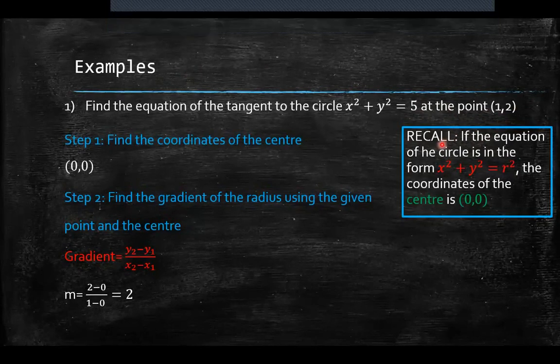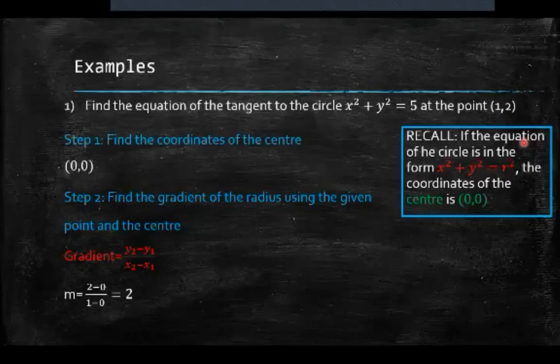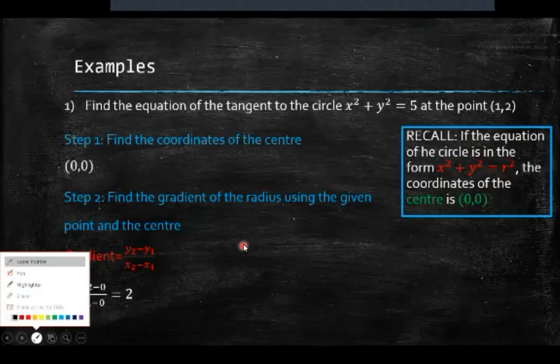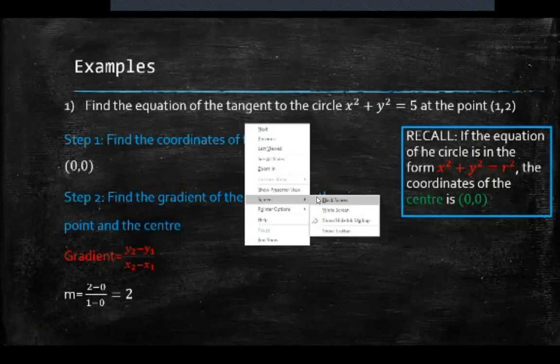So first thing you need to recall, if you're given the equation of a circle and it's in the form x squared plus y squared is equal to r squared, then we know that the coordinates of the center is (0, 0). So that circle, the center is the origin. So let me show you what that circle will look like.